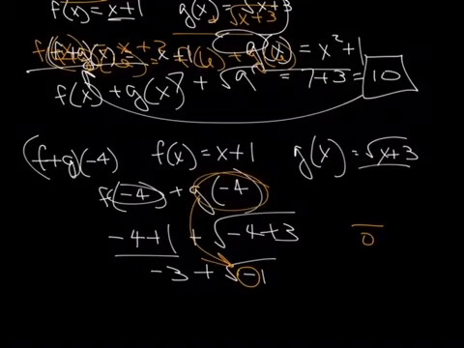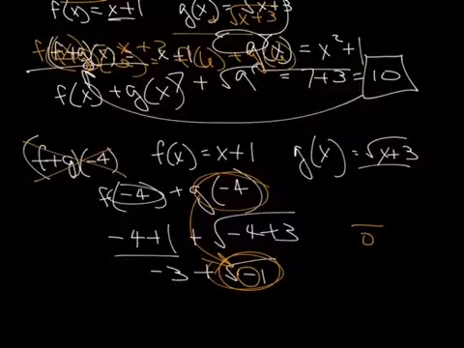Therefore, f plus g of negative 4, this right here, does not exist. That can't exist because it made one of our functions a negative number.